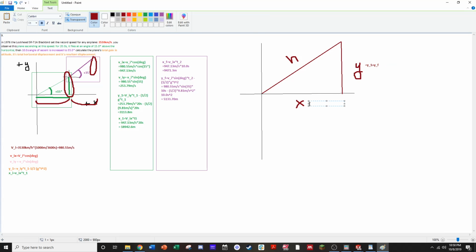And x equals x sub 1 plus x sub final. Okay? So we're going to plug our values in. For y sub 1, we ended up getting 3,113.8 meters plus our y final, which was 5,133.70 meters.